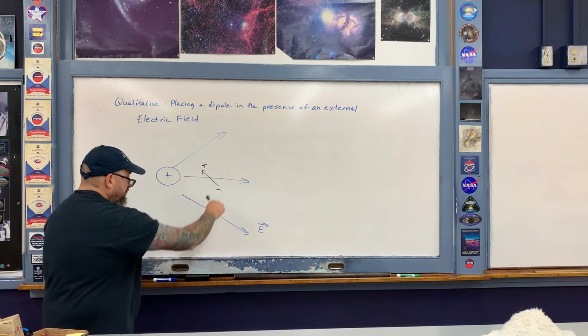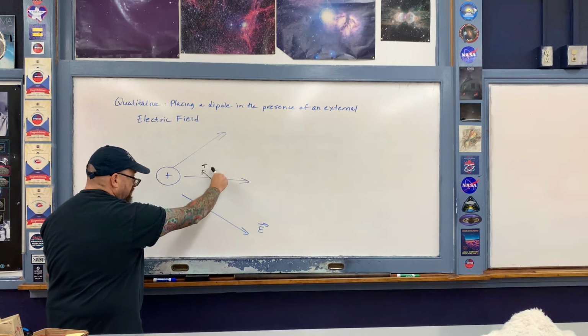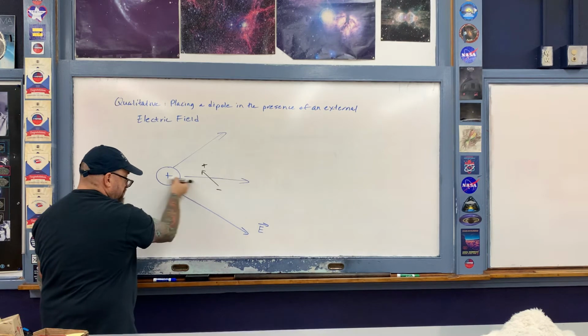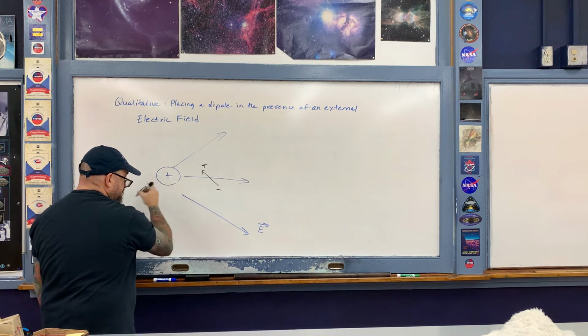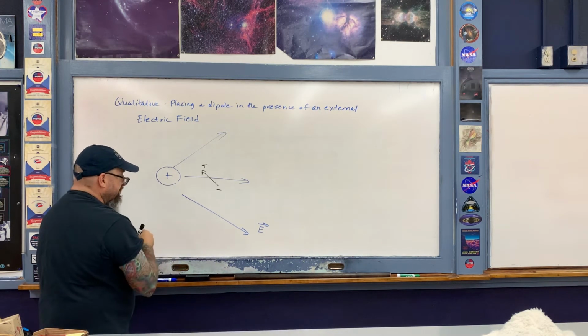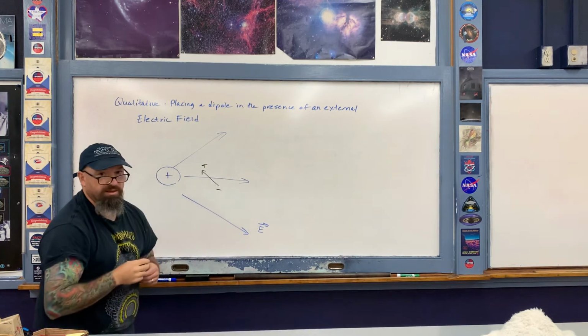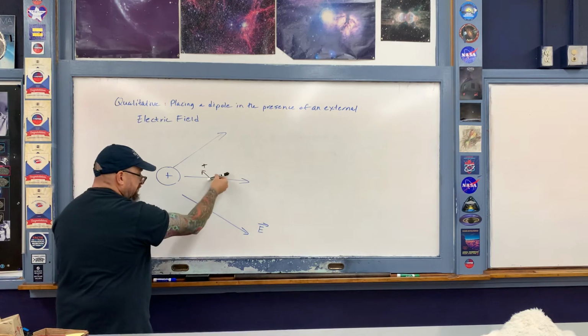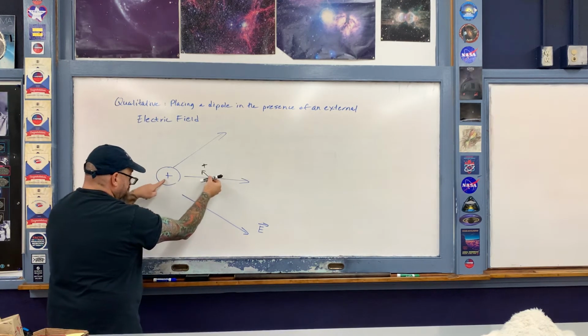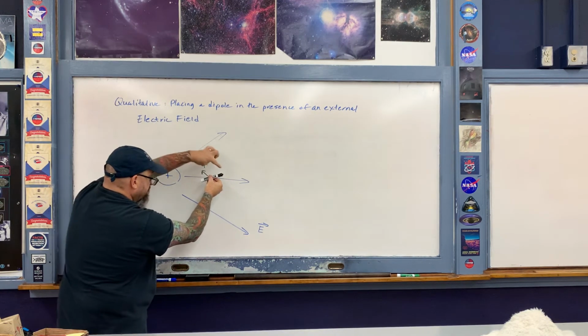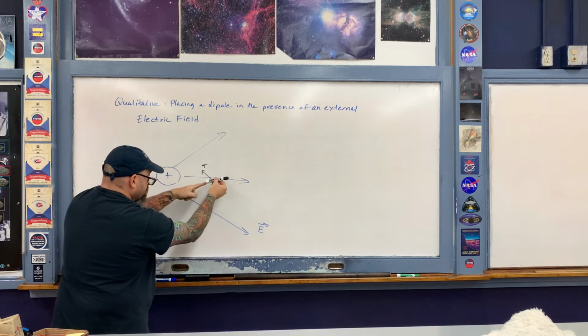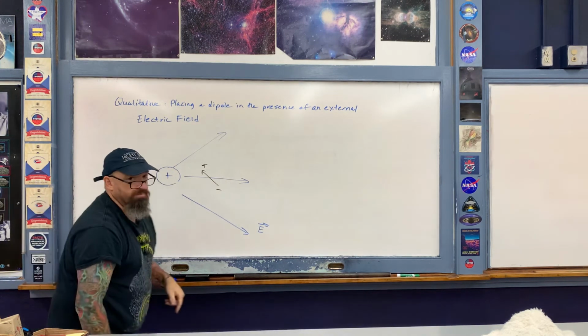The dipole is going to begin to torque, but as it does, it gets attracted back towards the positive charge, like so, because of the non-uniform aspect of this electric field. So as it torques like this, this side here is closer to the positive charge than this side is. Therefore you get a stronger force of attraction in that direction.